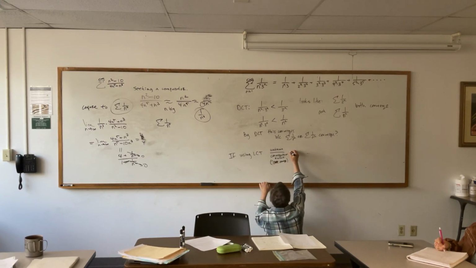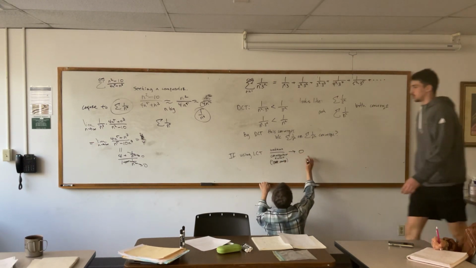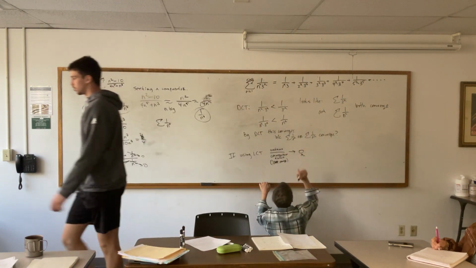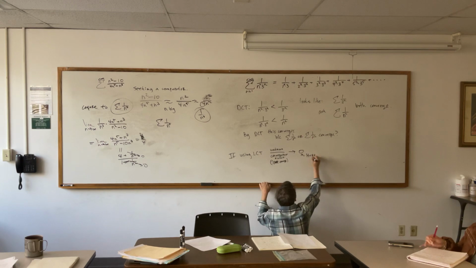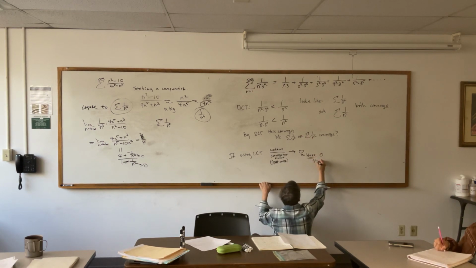Then if this limit is equal to 0, you get convergence. This is like one time when it's okay. Here, and only here, 0 gives convergence.